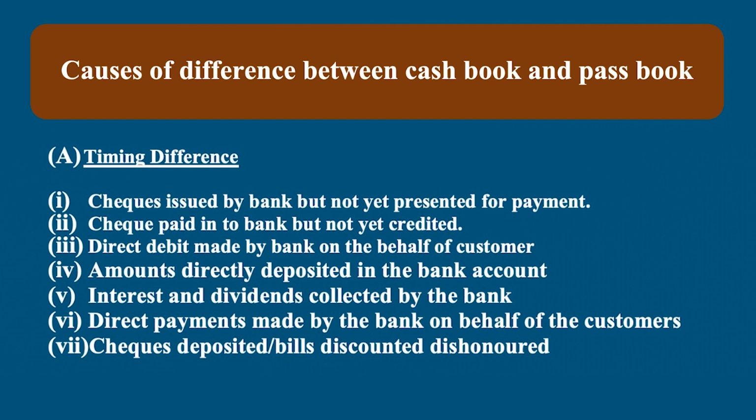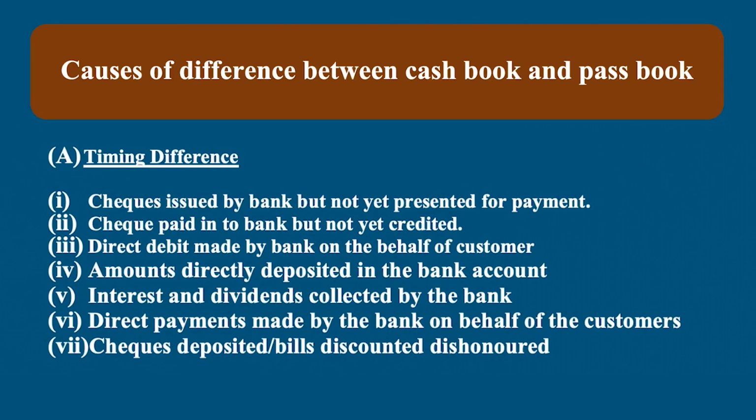Amounts directly deposited in the bank account. There are instances when debtors or customers directly deposit money into the firm's bank account, but the firm does not receive the intimation from any source till it receives the bank statement.